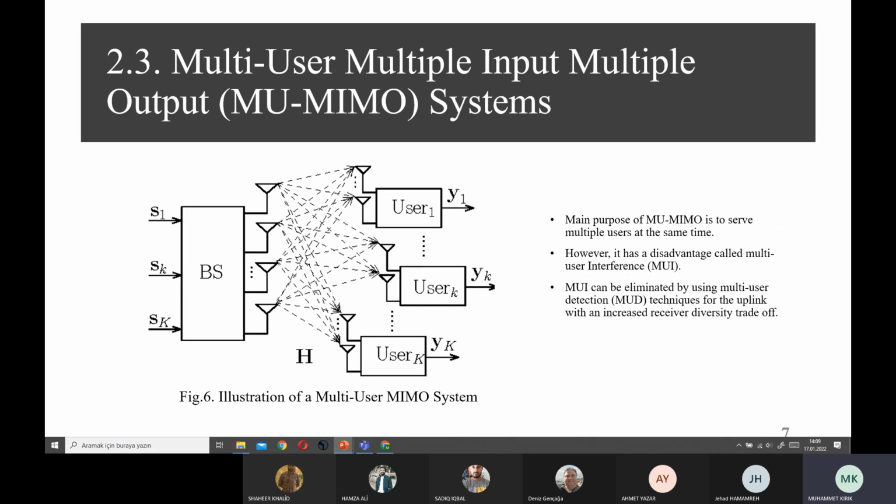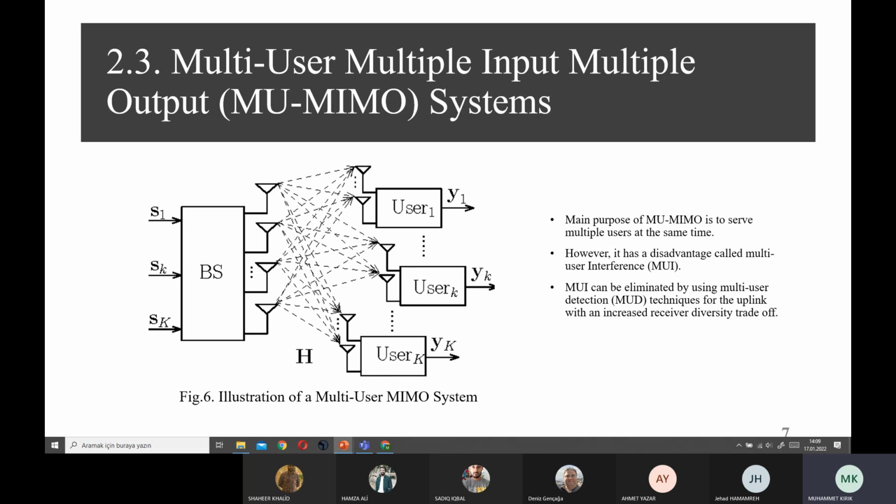So another scheme that has been offered in the literature is the multi-user MIMO system. The main purpose here is to use multiple users in our transmission system, so we can serve them at the same time by using the same transmission system.